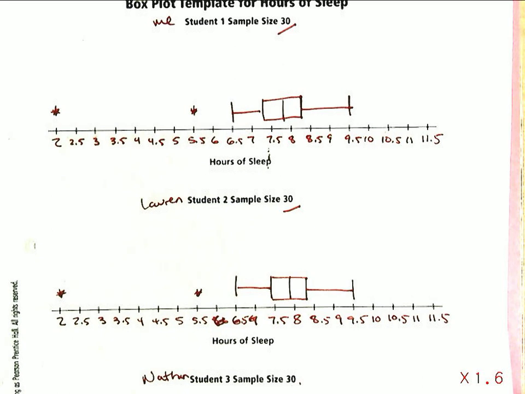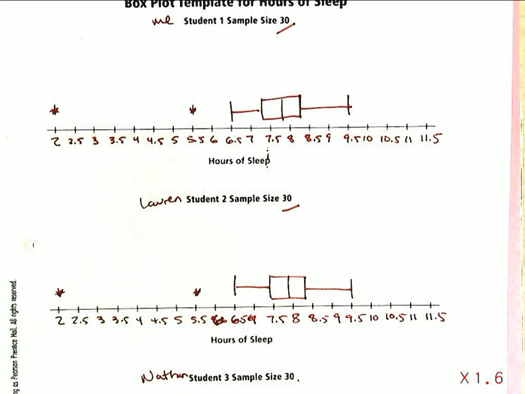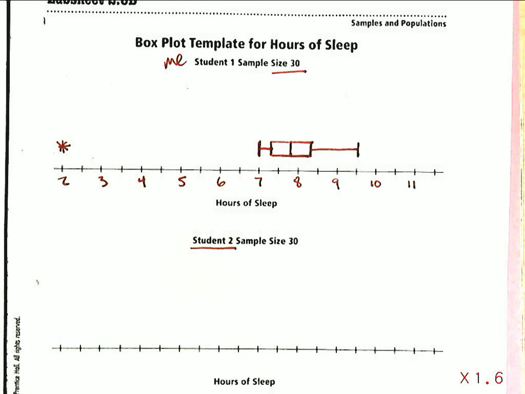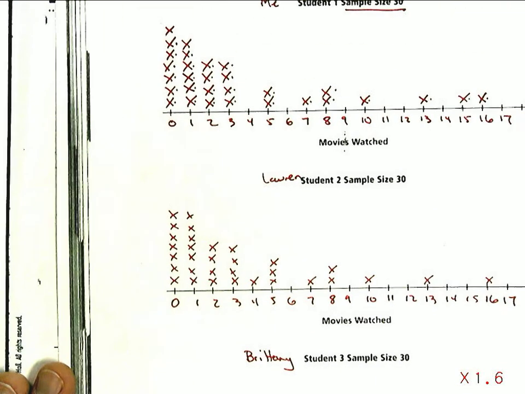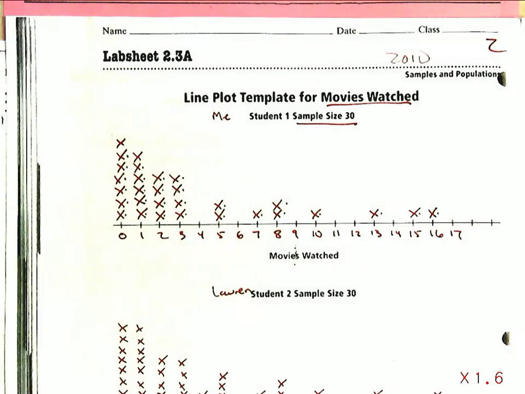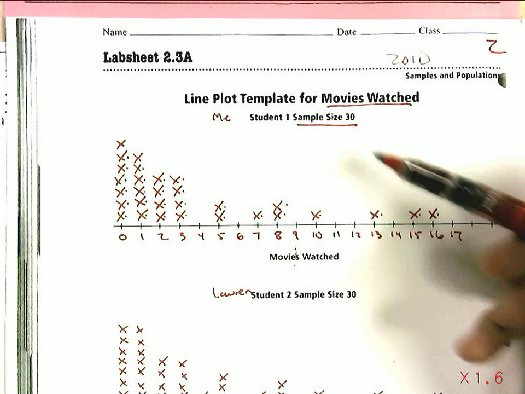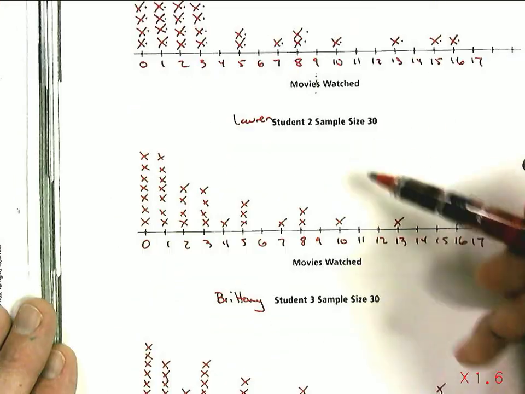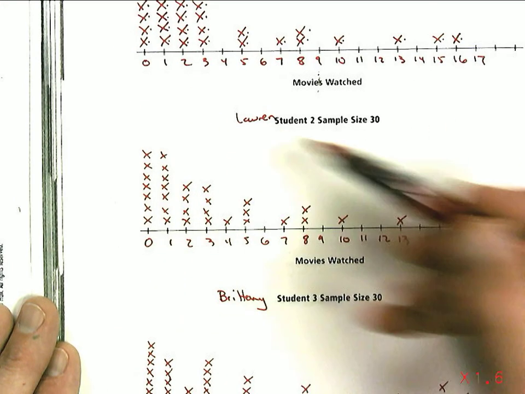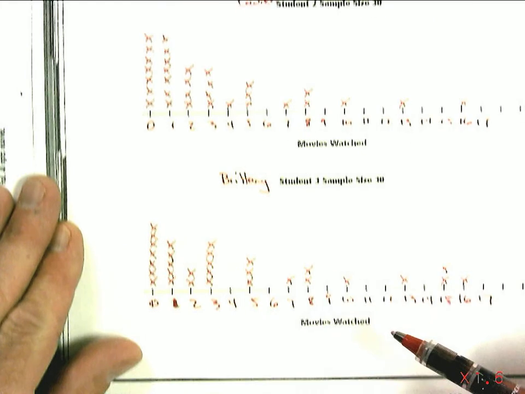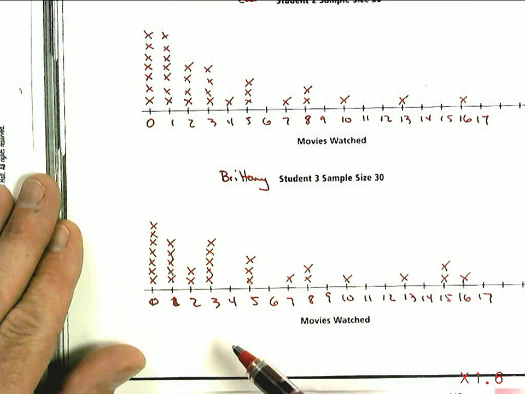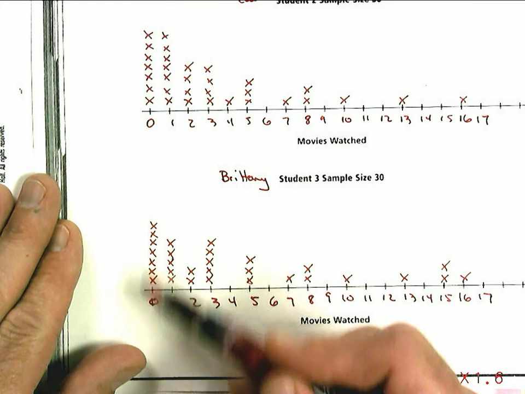It might be good enough. What if I look at the same kind of results for when I do a line plot? This is my line plot for movies watched. This is a line plot for another student's movies watched. See how similar they are? Here's another one, fairly similar. Again, most of the data clustering in the 0 to 3.